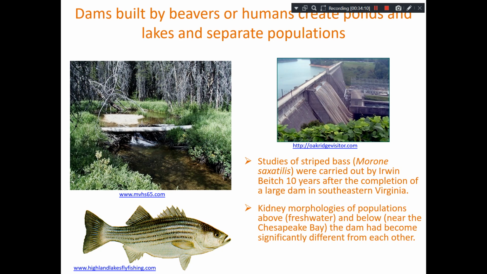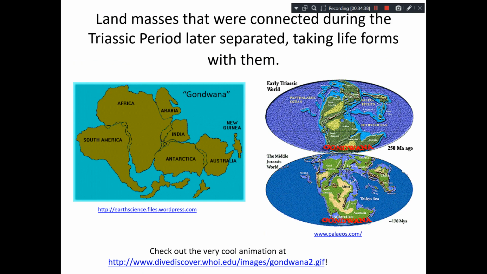Because of that, there is a change in the population. The population of this fish below the dam is different and above the dam is different. Here it was mainly studied with the kidney.